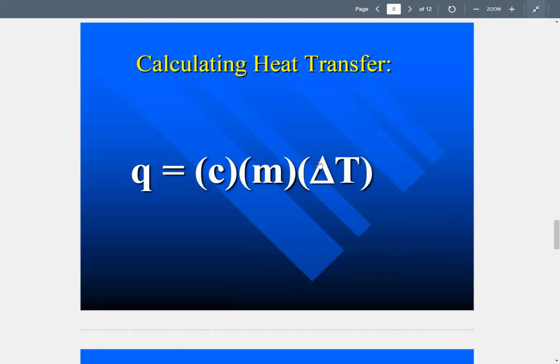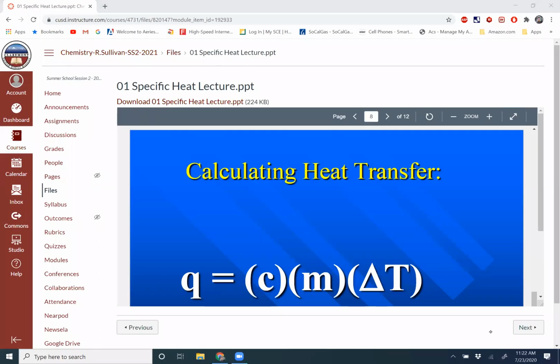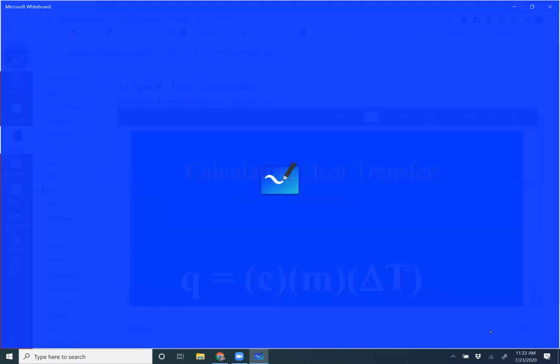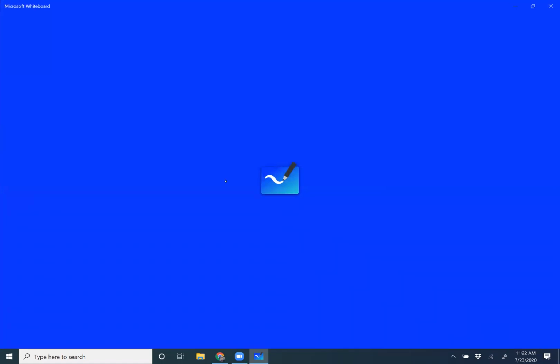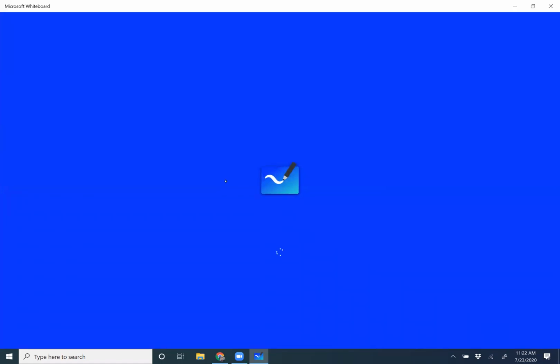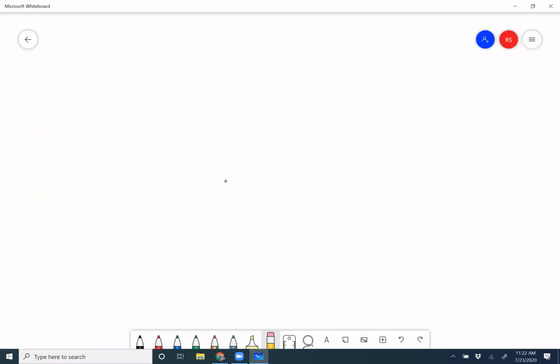So let me show you. Say, for instance, we decided to take a beaker full of water and we put 200 grams of water into the beaker and we're going to heat it up on the hot plate.